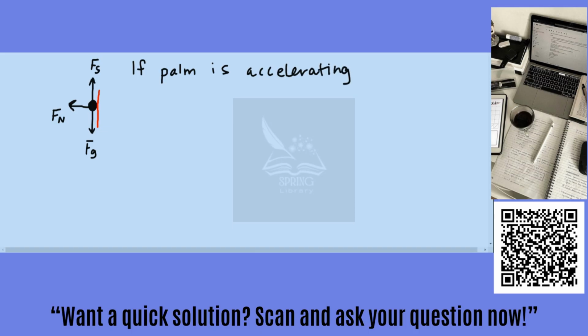But if we are moving our palm, and in particular if we are accelerating our palm, then there has to be a force there providing that acceleration, and that is the normal force. So if the palm is accelerating, there must be a force there to provide it, and the only force that could be is the normal force.